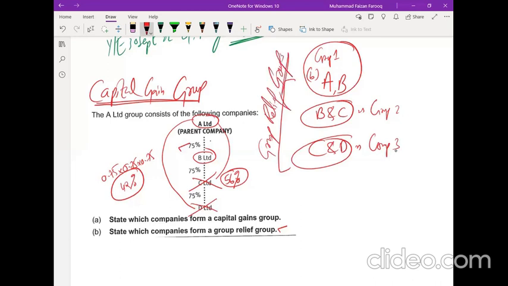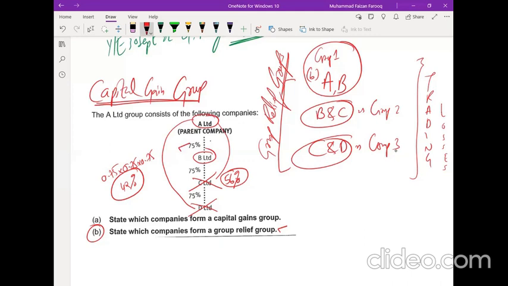What they are allowed to share is only their trading losses, not anything other than that. This is what we learned. The B requirement we know. Any questions on the B requirement?